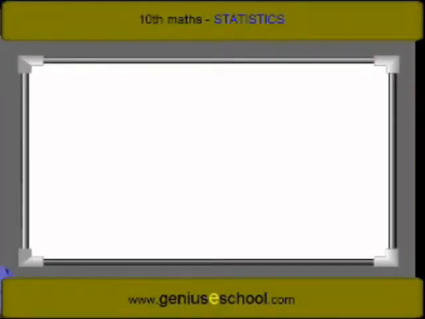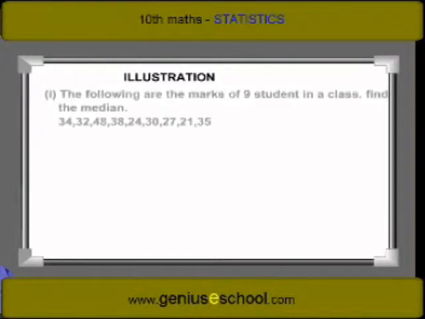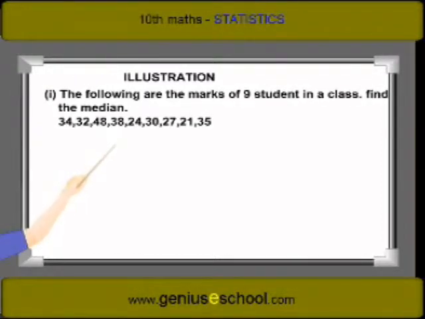Let us take an example for illustration. Number 1. The following are the marks of 9 students in a class. Find the median. 34, 32, 48, 38, 24, 30, 27, 21, 35.